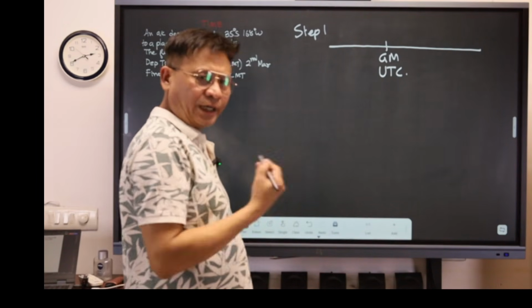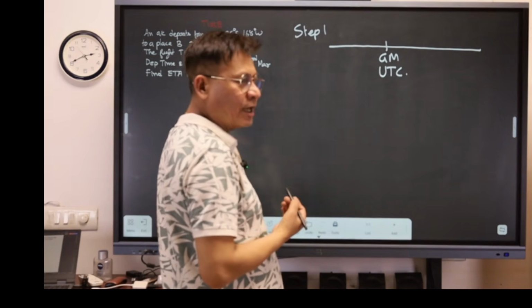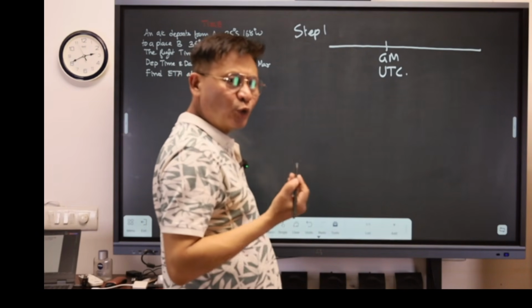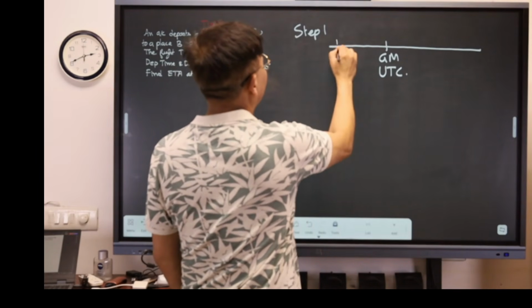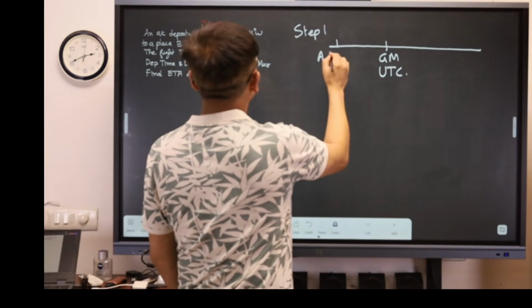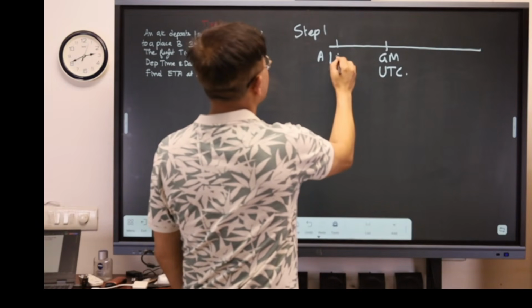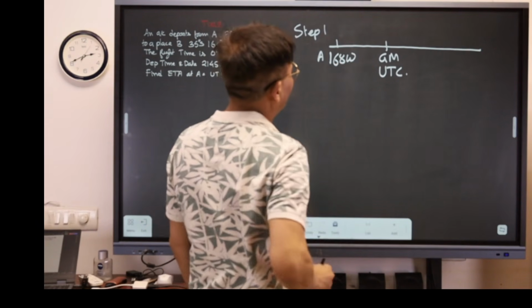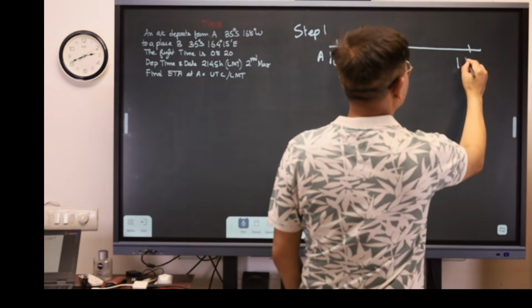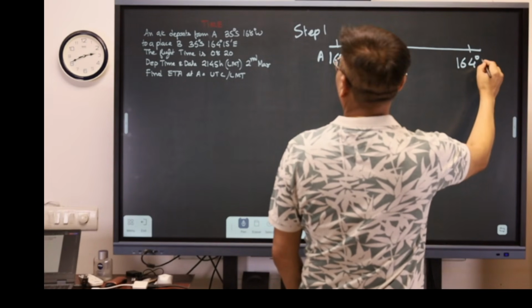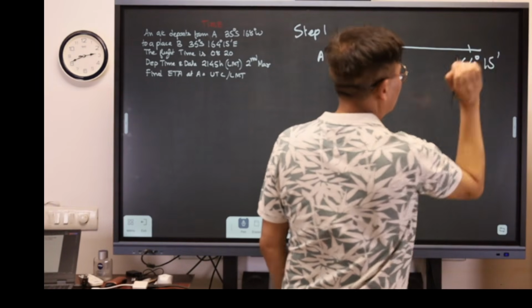And the second step is that we'll place those 2 points onto this line. The first point, point Alpha, is at 168 west, whereas point Bravo is at 164 degrees and 15 minutes.